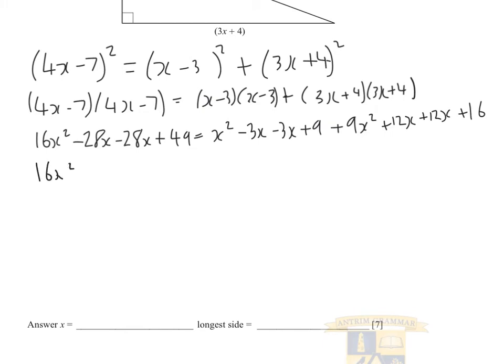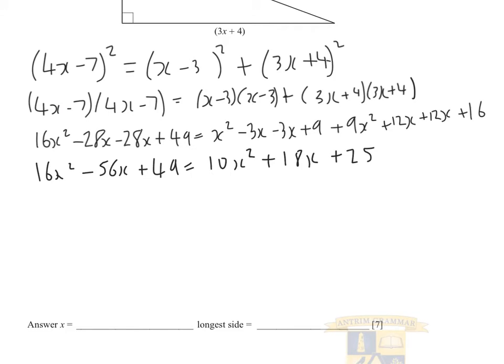On the left, 16x squared, we now have minus 56x plus 49. On the right hand side we've got 10x squared, minus 3 is minus 6, 12 and 12 is 24, so 24 take away 6 gives 18x. Then we've got a plus 9 and a plus 16, which is 25.